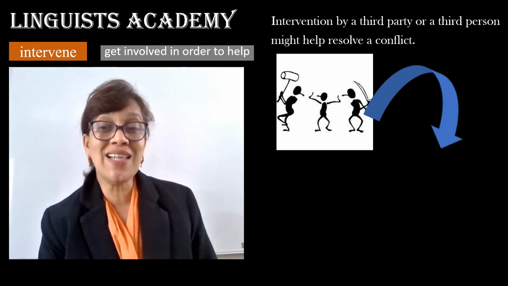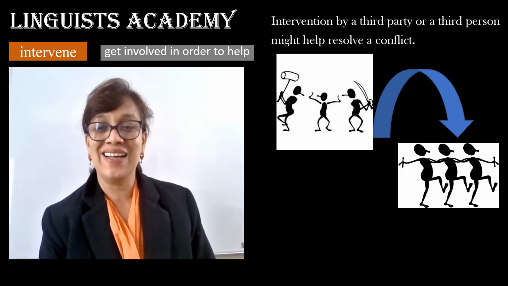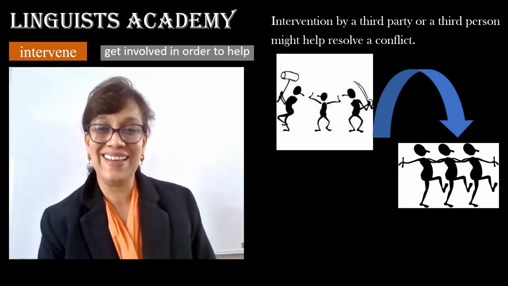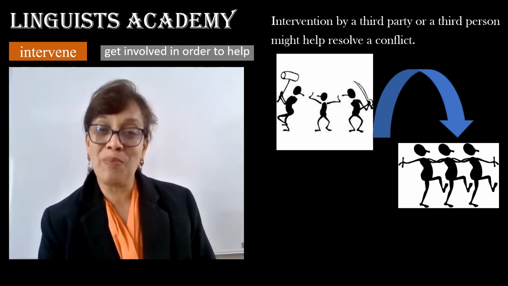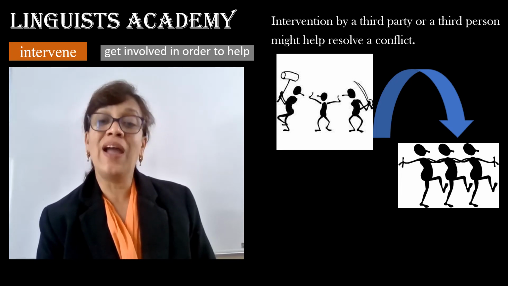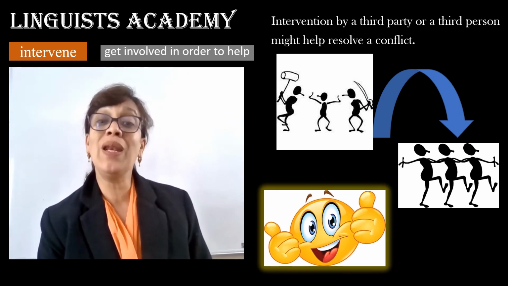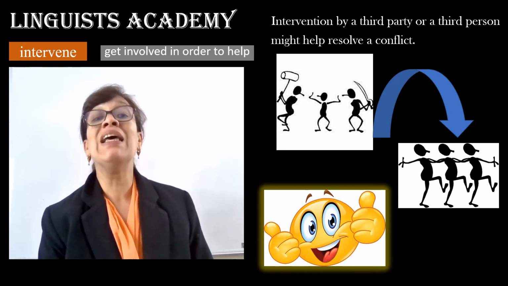And once that intervention takes place, the result is a happy resolution, a happy resolving of the problem, where people are happy and it's a fine, comfortable situation once again, a win-win situation. So this was intervention.